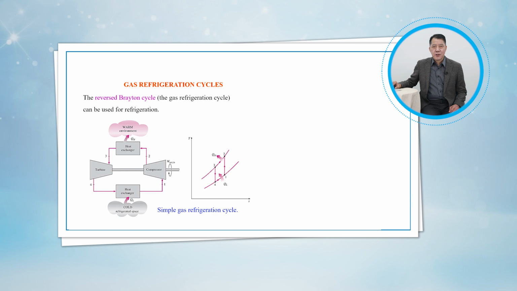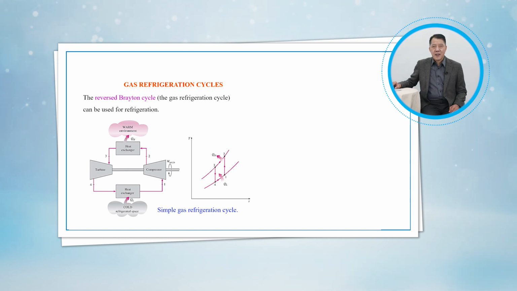The high pressure, high temperature gas at state 2 is then cooled at constant pressure to T0 by rejecting heat to the surroundings. This is followed by an expansion process in a turbine during which the gas temperature drops to T4.